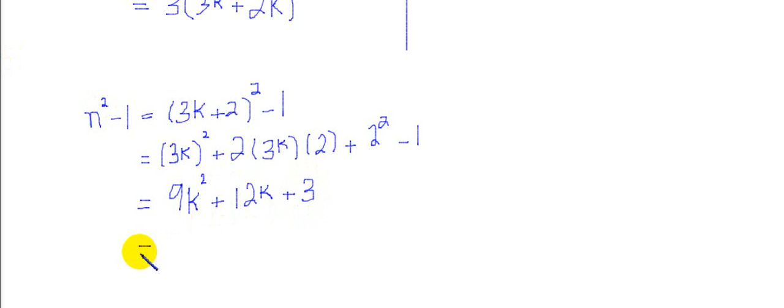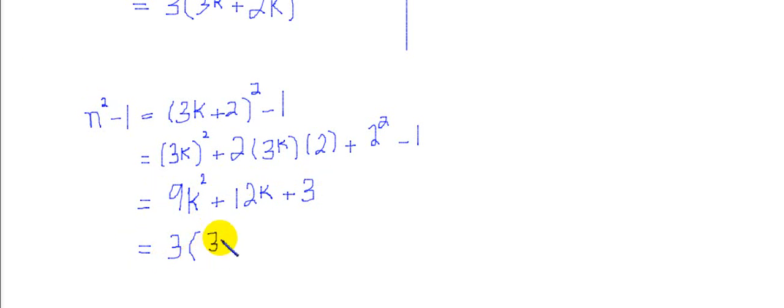In the next step we will directly take 3 as a common factor, as these three terms have numbers that are multiples of 3: 3, 12, 9. So let's factorize them.